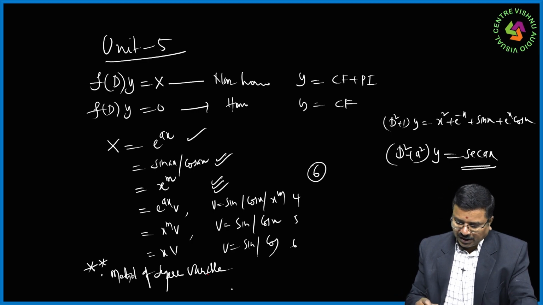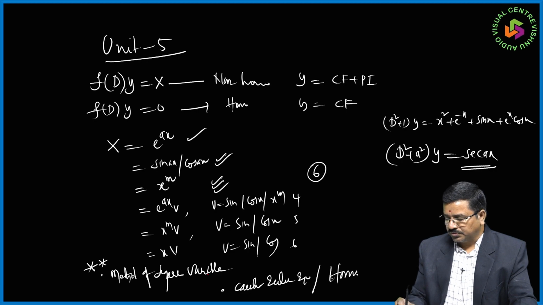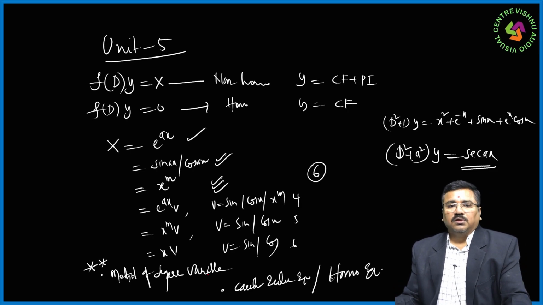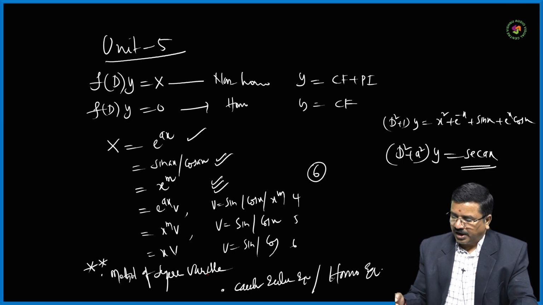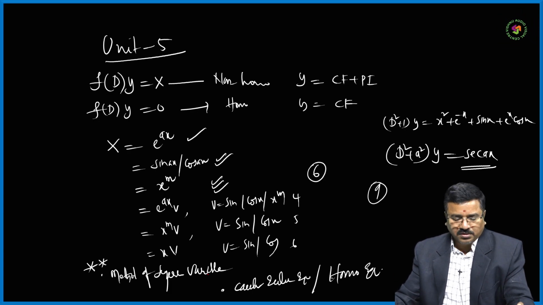The last one is the Cauchy-Euler equation, or we can also call it the homogeneous equation. So in total, there are 6, and sometimes 7, 8, 9, almost 9 different types of problems here.